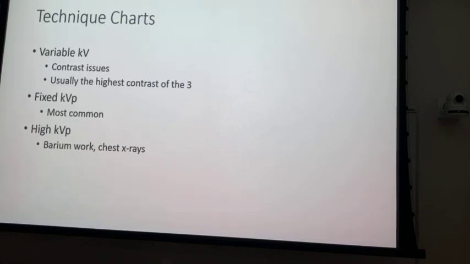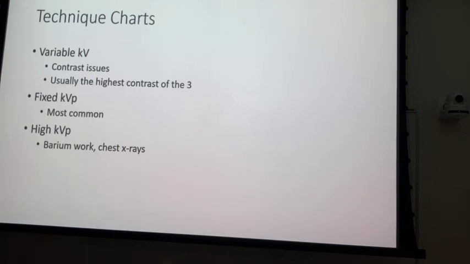So with a variable KVP chart, you adjust your KVP according to the patient's thickness. So you have a hypersthenic patient versus an asthenic patient. Instead of adjusting your mass, you've got a baseline mass and you just adjust your KVP. Again, in screens and films, that gave us contrast issues.